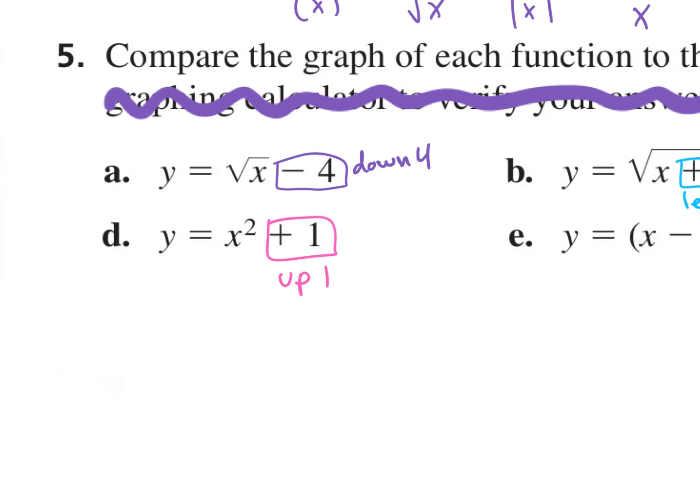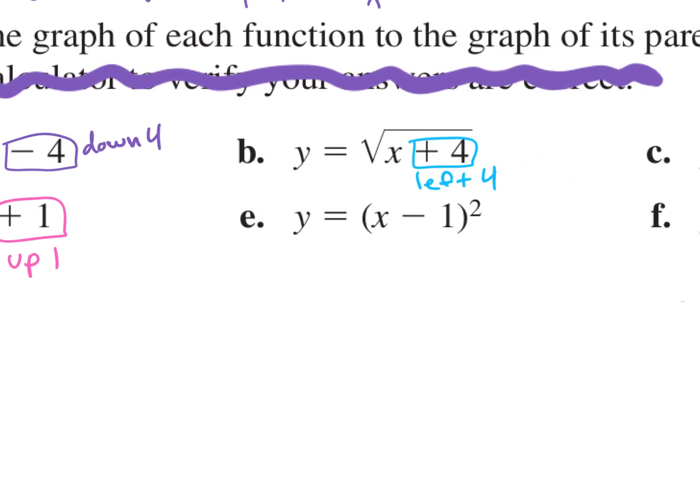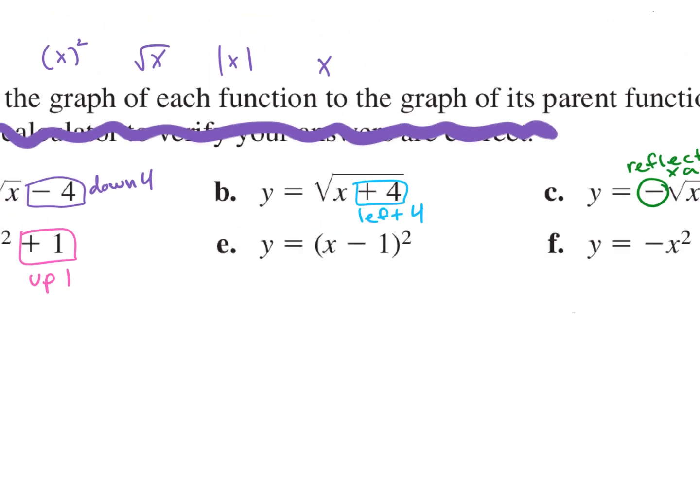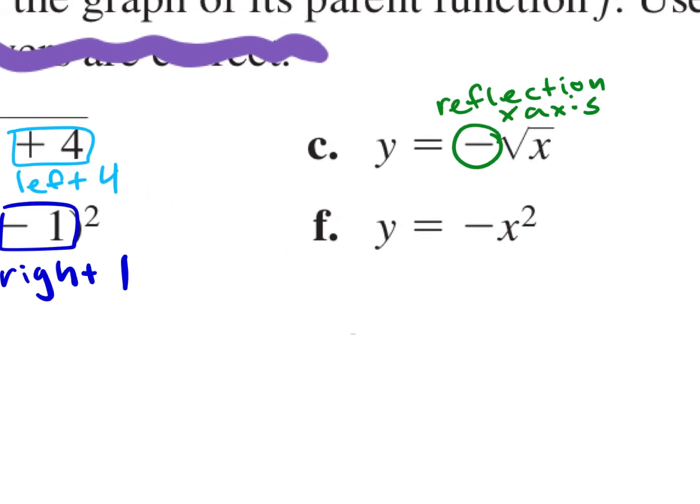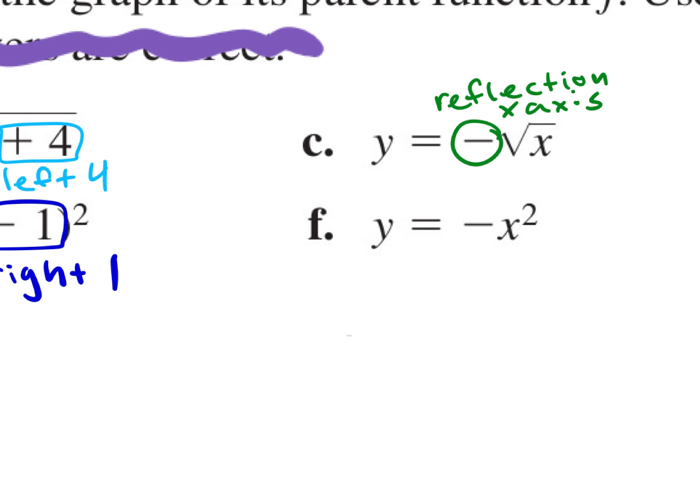Up 1. What about when we subtract 1 on the inside? Right 1. And then lastly, here, when there's no parentheses, it's implied that it's on the outside. So here we have a negative on the outside. What would that be? Reflection on the x-axis.